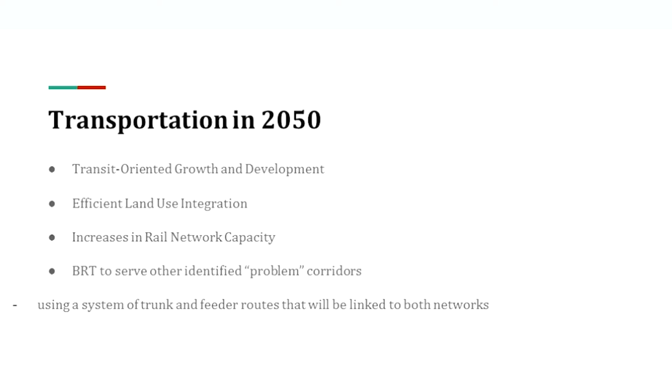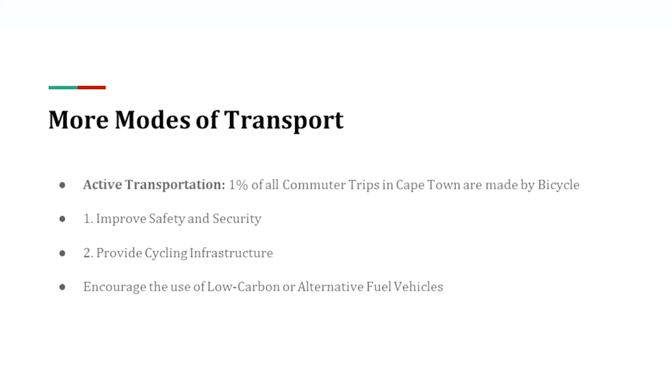We want to move towards a more developed transportation system. Right now only 1% of trips are by bicycle. The biggest deterrent is again safety and security. So for that, we suggest a communication plan that informs people about proper road user behavior, as well as increases incident reporting, and also provides cycling infrastructure other than retrofits and stuff like that.